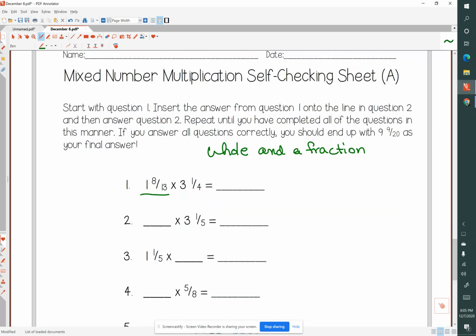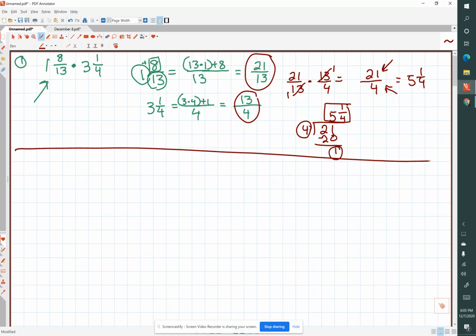So let's go back to our paper. And we'll put the answer there, and we'll put the answer in the next problem. So 5 1/4 times 3 1/5. So 5 1/4 will equal 5 times 4 plus 1. 5 times 4 is 20, plus 1 is 21/4, as we know from up here.